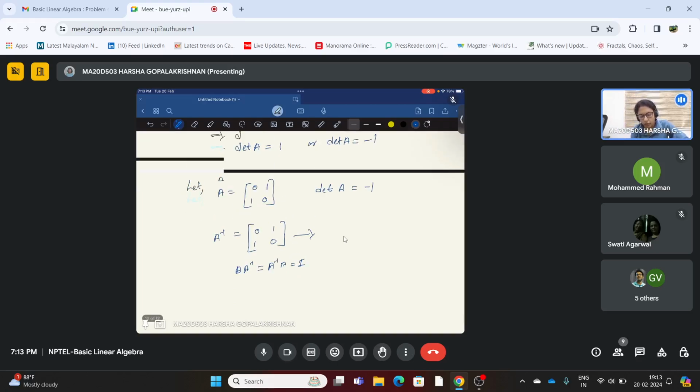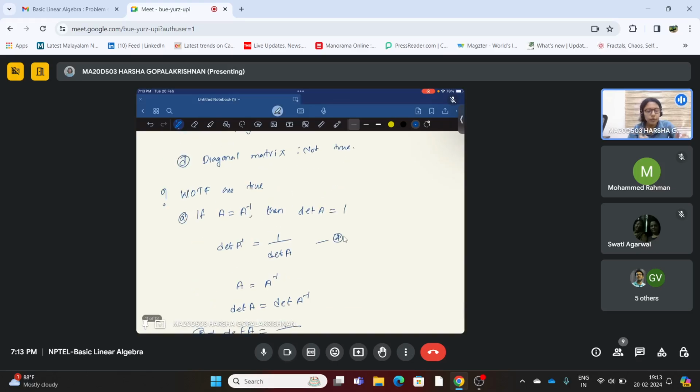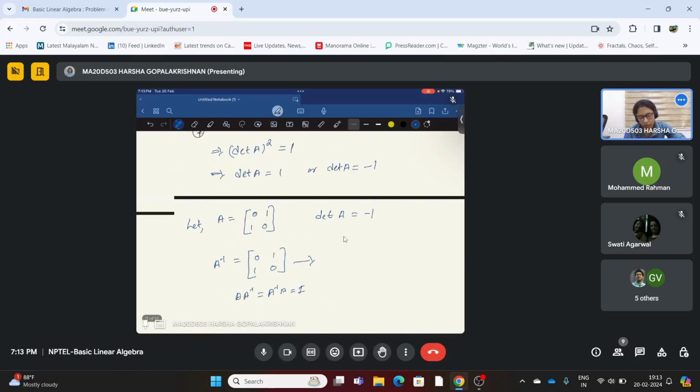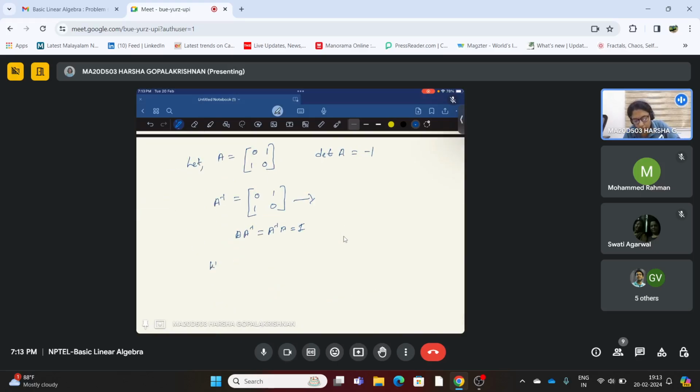So what we got? The condition given is if A equal to A inverse, then determinant of A is 1 or not. But we got A equal to A inverse, but our determinant is minus 1, not equal to 1. So we already found, using the given condition, that we have only two possibilities: determinant of A is 1 or determinant of A is minus 1.